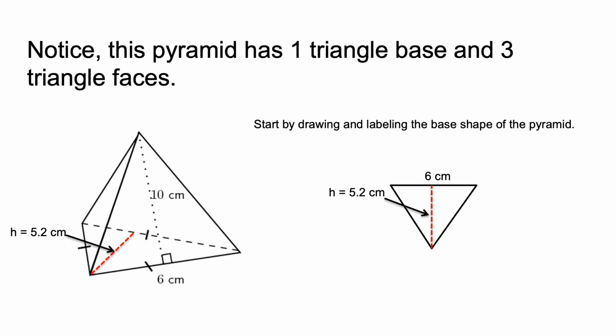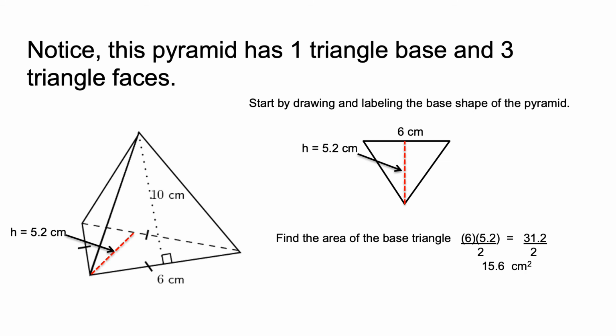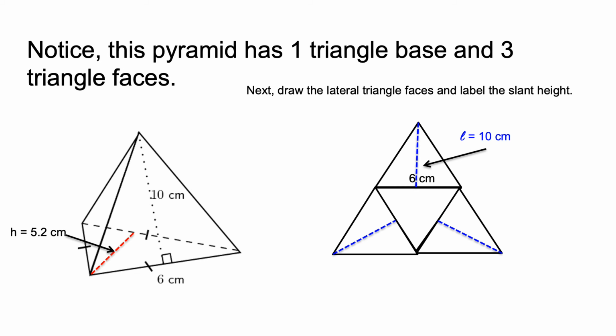We start by drawing and labeling the base shape. If we find the area of the base triangle, we see that it's 6 times 5.2 over 2. This equals 31.2 divided by 2, or 15.6 centimeters squared. Next, we can find the lateral faces and label the slant height.